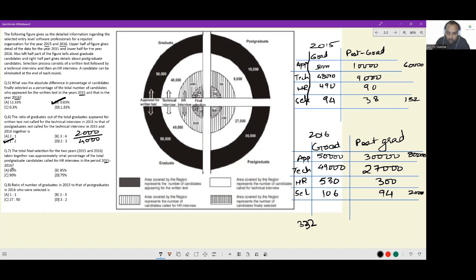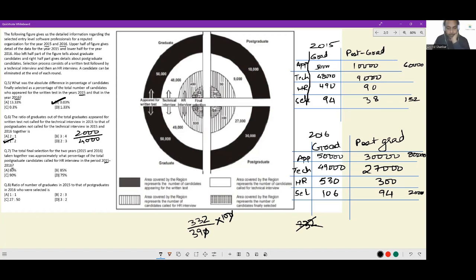Oh, sorry, the total final selection of 2 years taken together. Okay, 332 kids were selected. Out of how many kids were called for interviews? How many postgraduate kids were called for interviews? 390. 390 into 100. This is what we are seeking to resolve.